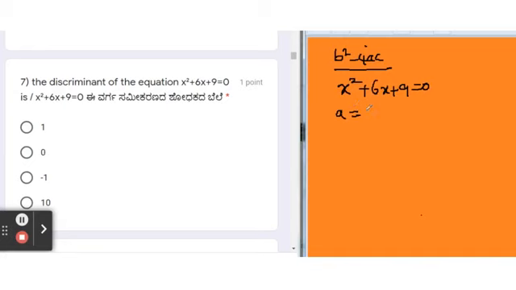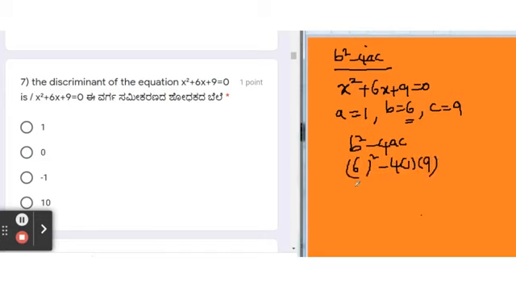In the quadratic equation, a is 1, b is 6, which is the coefficient of x, and c is 9. Applying the discriminant formula b square minus 4ac, I am replacing the value of b with 6: 6 square minus 4ac. 6 square value is 36, 4 ones are 4, 4 nines are 36. 36 minus 36 is 0. The correct option for this question is 0.